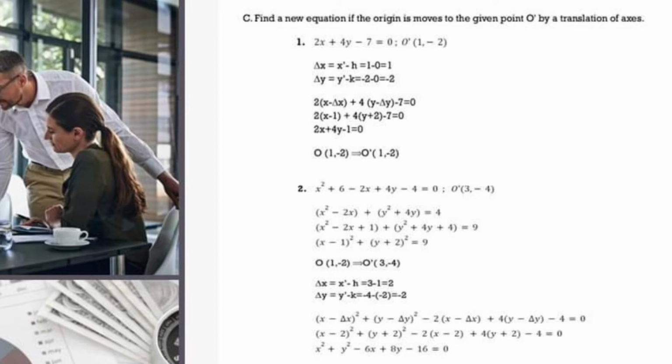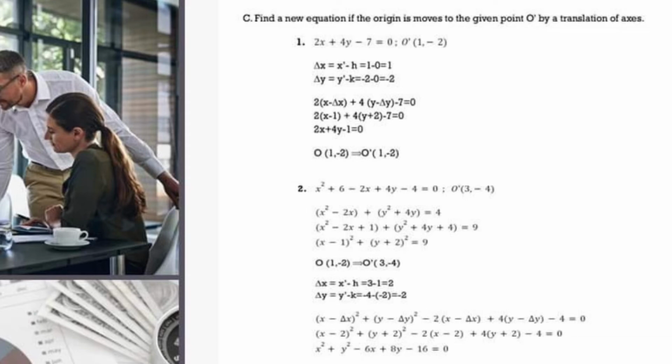After that, we have the quantity x minus delta x squared plus the quantity y minus delta y squared minus 2 quantity x minus delta x plus 4 quantity y minus delta y minus 4 is equal to 0.